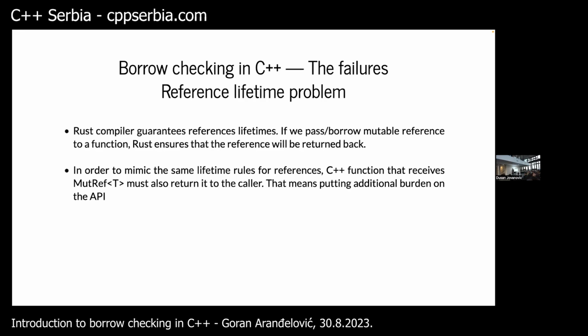But if you consume a particular mutable reference that I pass to you, when you are done with it, you have to return it back. If you want to store it in the object, you can, but you have to have a way that when that object goes out of scope, you return that reference back. So now you can decide if that is easy or not so easy for you.